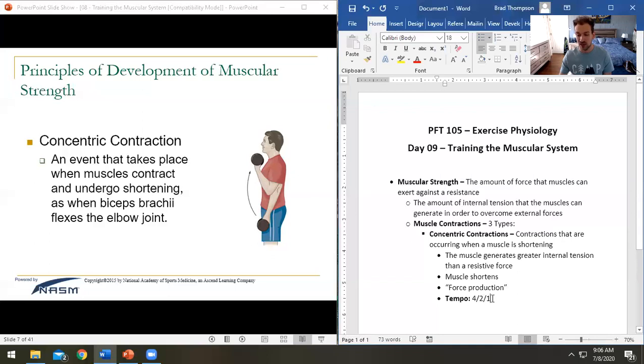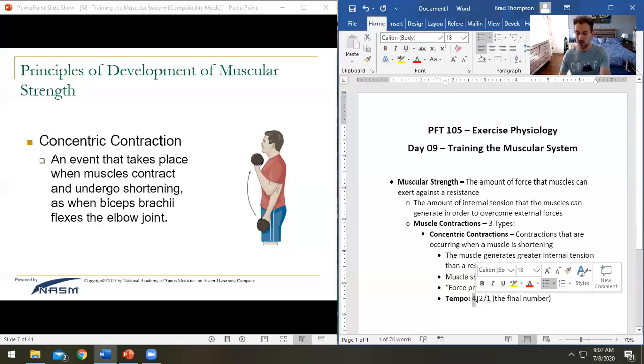The 1 is going to be the concentric portion, the final number. So when we're describing that 4-2-1 tempo, we're talking about 4 seconds eccentric, 2 seconds isometric, and 1 second concentric. So that's how long this part of the lift should be taking.